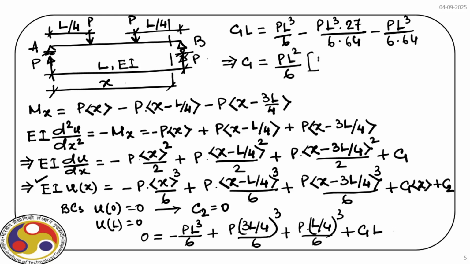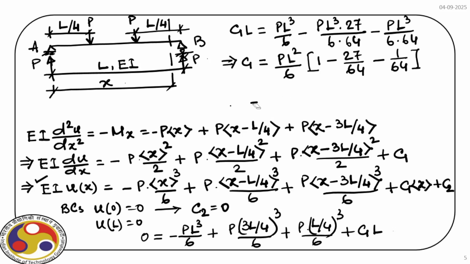So within bracket we have 1 minus 27 divided by 64 minus 1 by 64. So we have PL square divided by 6, and here we have 64 minus 27 minus 1 divided by 64.